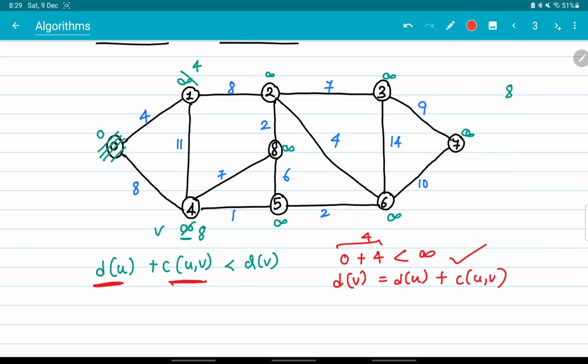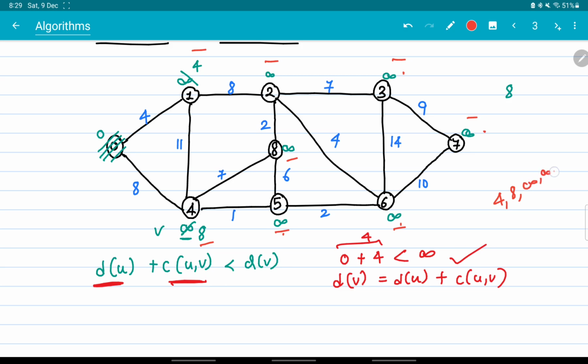So moving on, we have distances left for our different nodes. If you can see here, we have distances like 4, infinity, infinity, infinity, here also infinity, infinity, and here 8, and here also infinity. So out of all of these distances, that is 4, 8, and then 5 infinities.